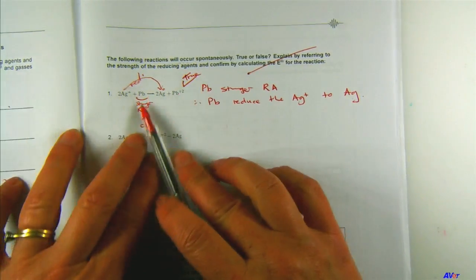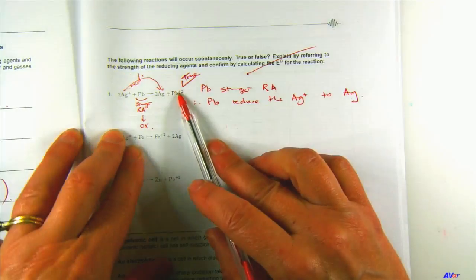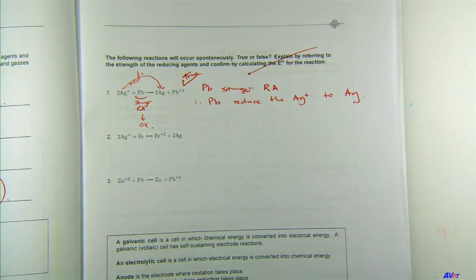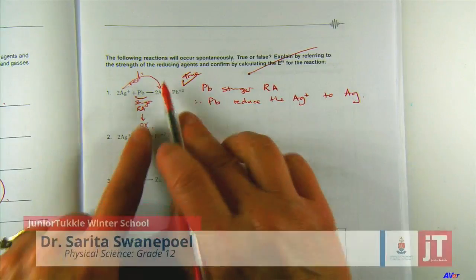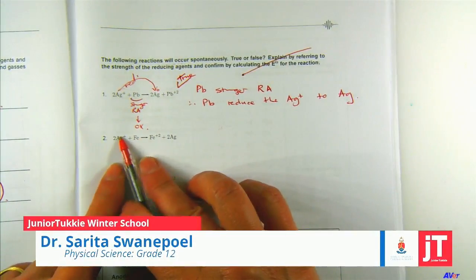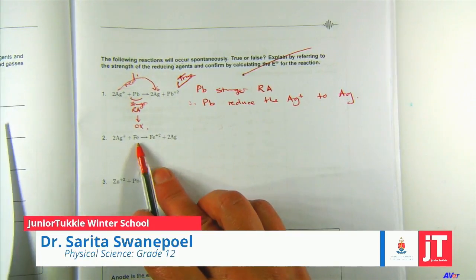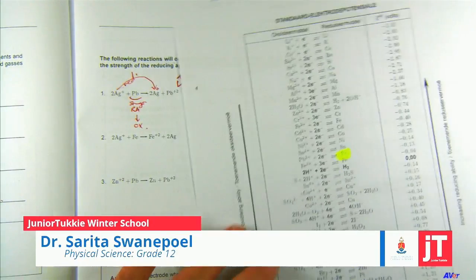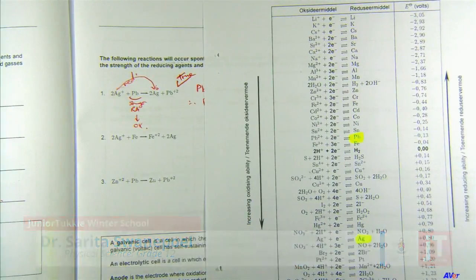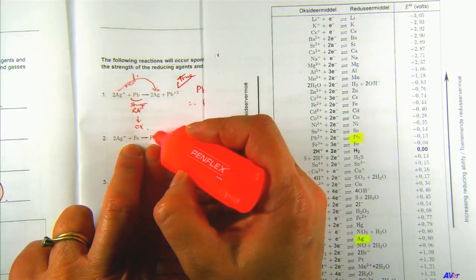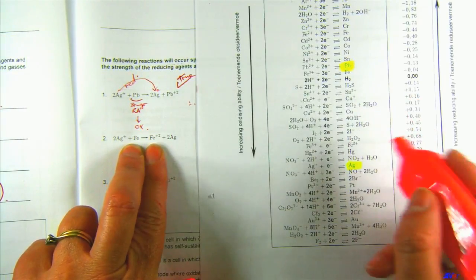Okay, so this one is definitely true, because the stronger reducing agent is going to oxidize. It can reduce the other one. Now let's see if the next one is true. You've got Ag+ and Fe. Now let's look at where the iron is. Careful, we're working with iron 2+. So where's the iron 2+?